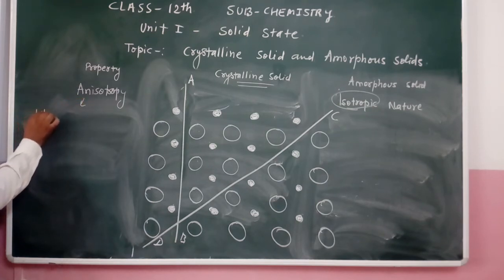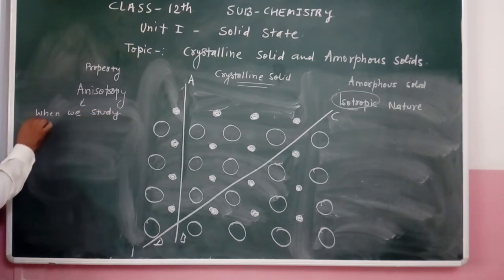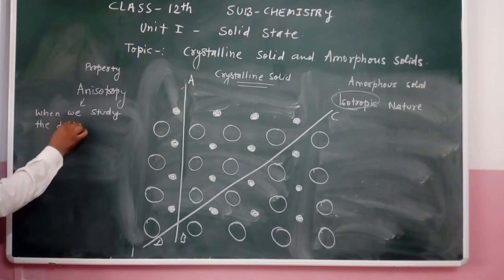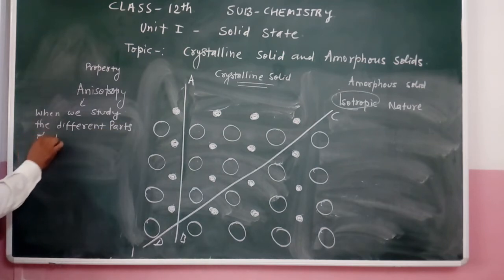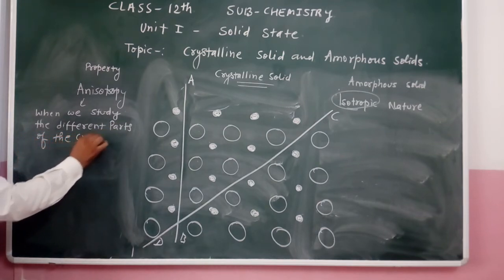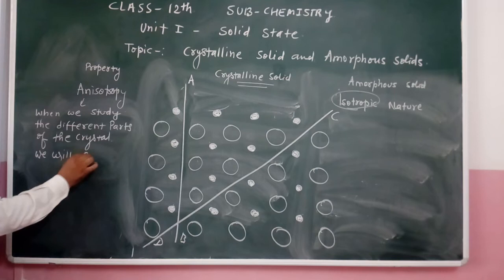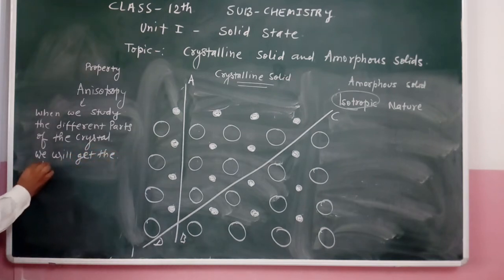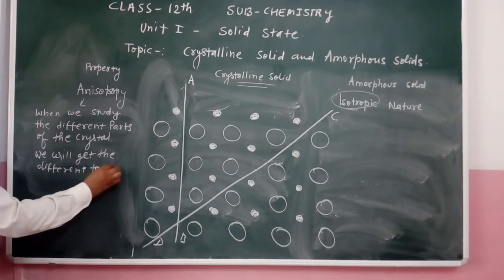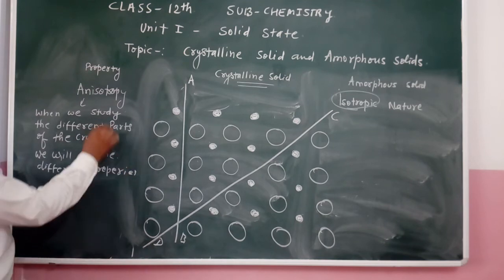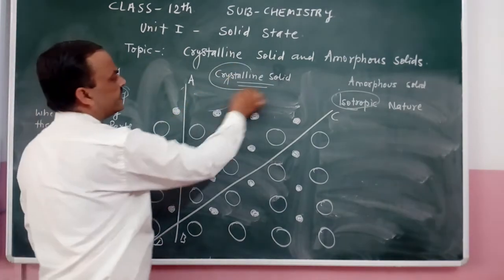When we study the different parts of the crystal, we get different properties. This is the meaning of anisotropy, and it is present in crystalline solids.